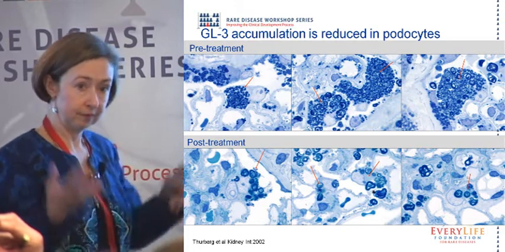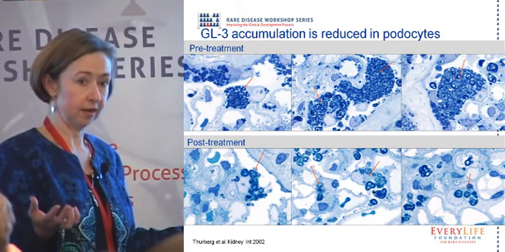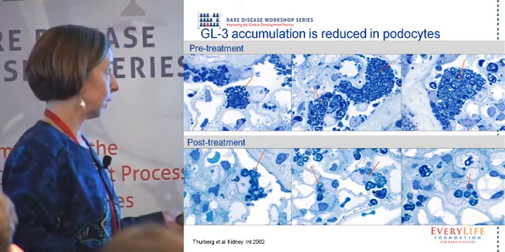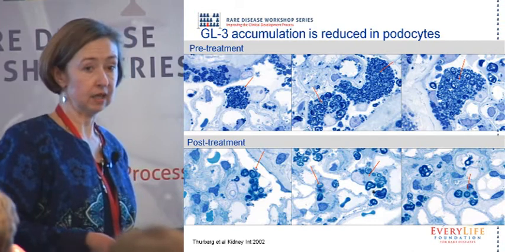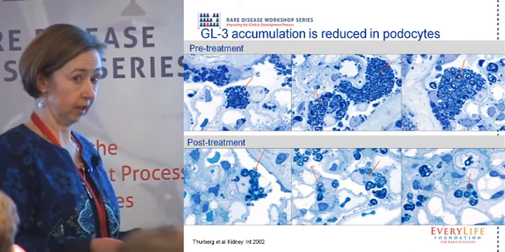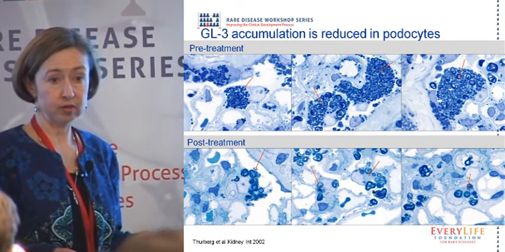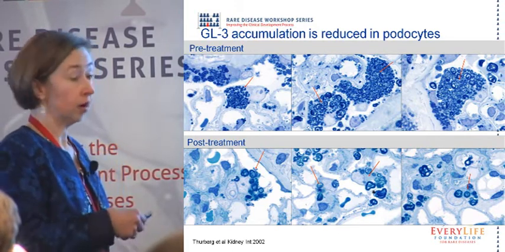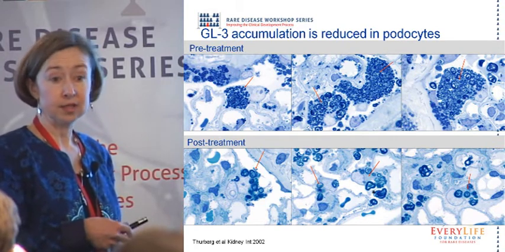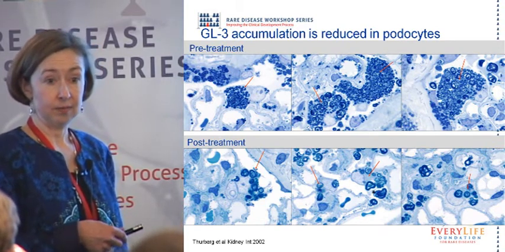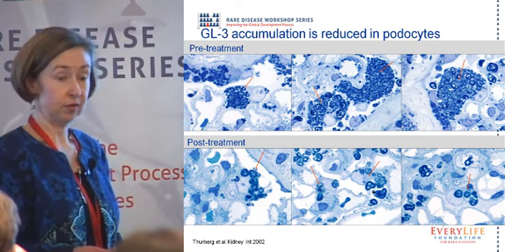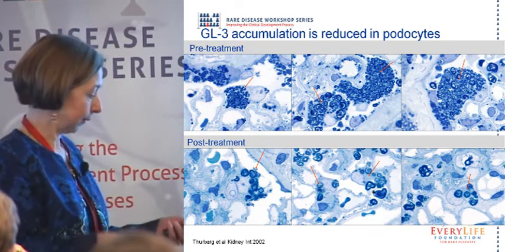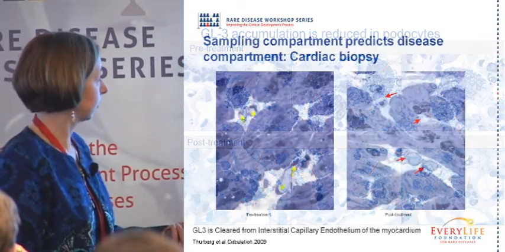You can argue with that, but endothelial cells here and podocytes on the other end are on two very different ends of the spectrum. So when you're looking at the podocytes of an untreated patient, you're looking at a lifetime of accumulation of GL3. And in fact, there have been reports of fetopsies of Fabry fetuses where they looked at the kidneys and already saw accumulation of GL3 in the podocytes in utero. So that gives you an idea of these really specialized cells and what's happening in them. And they certainly do represent somewhat of a challenge.